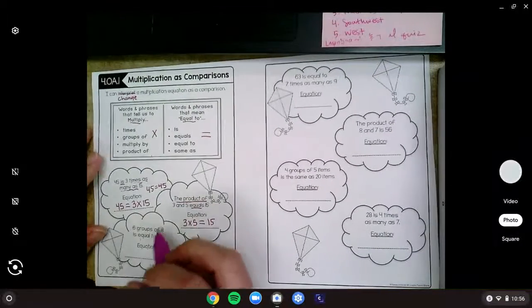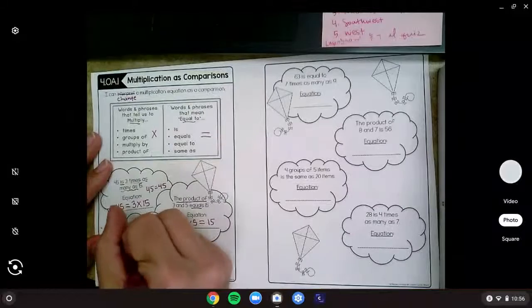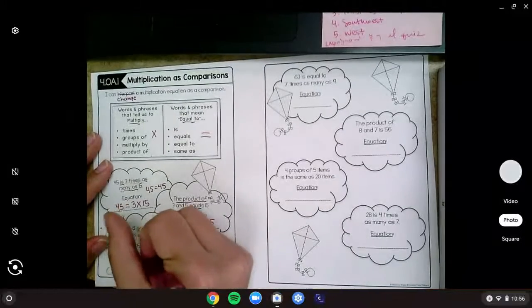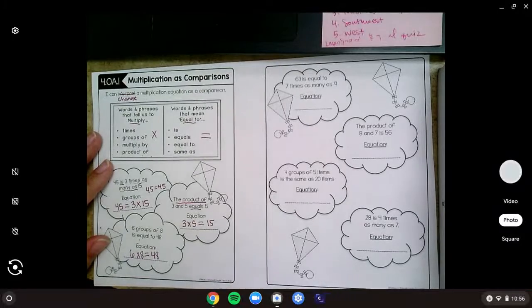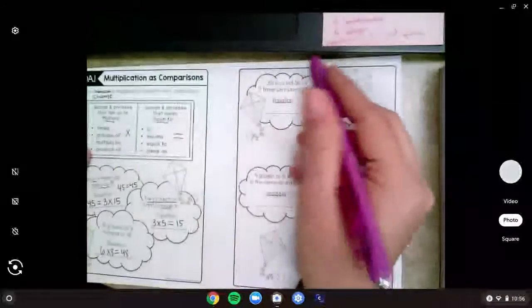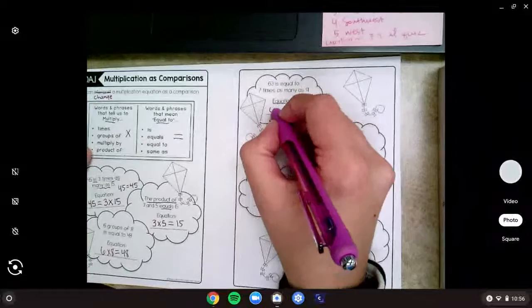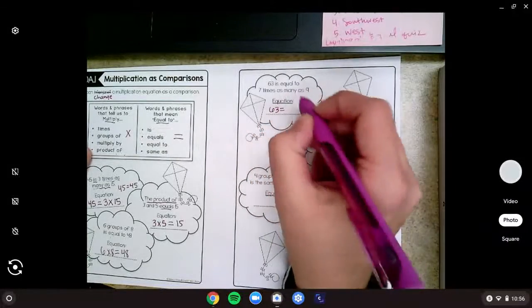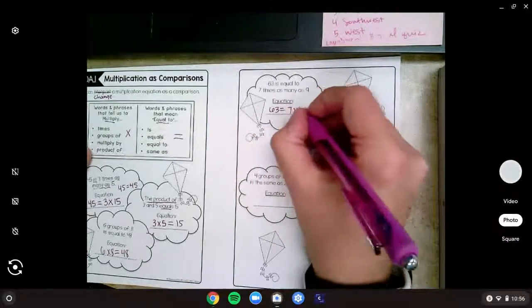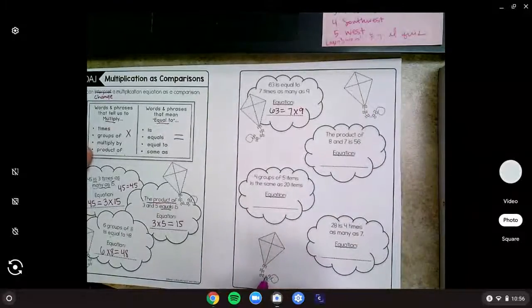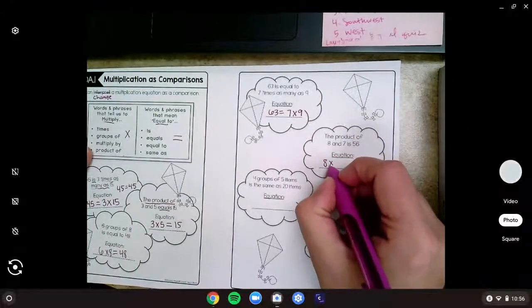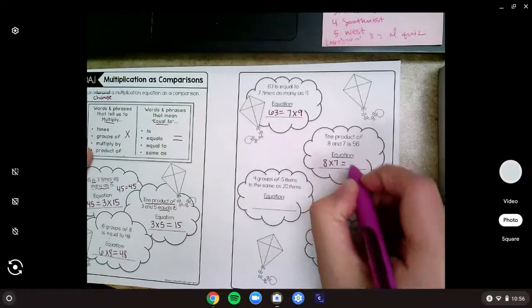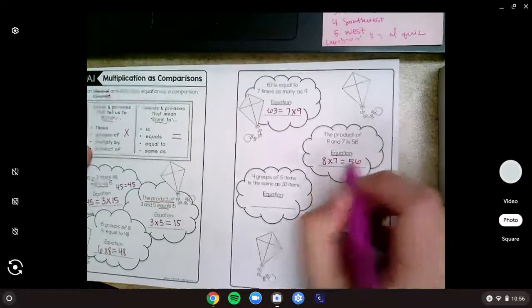All right, next up we have 6 groups, so 6 times 8 is equal to 48. All right, then over here, we can have 63 is equal to, equals 7 times 9. The product of 8 and 7 means 8 times 7 is, equals 56.